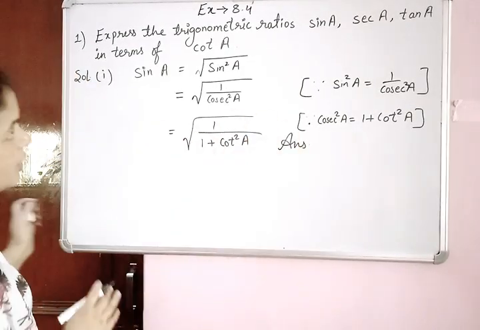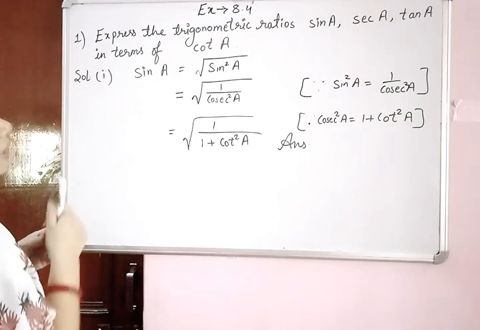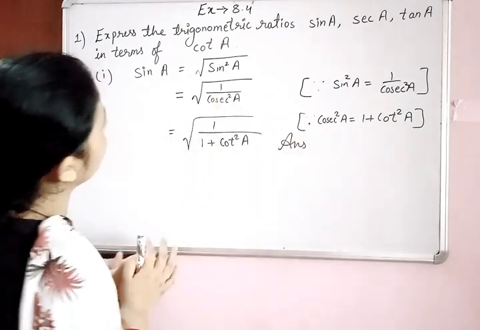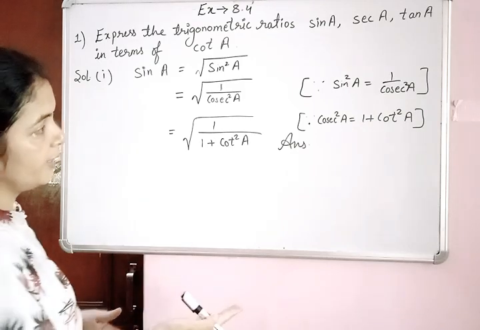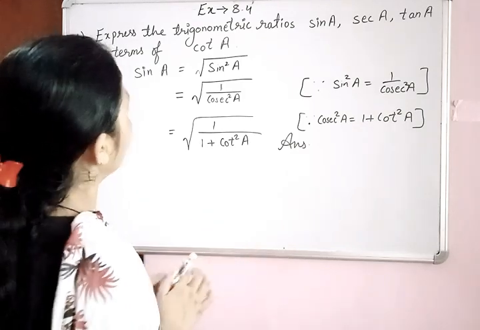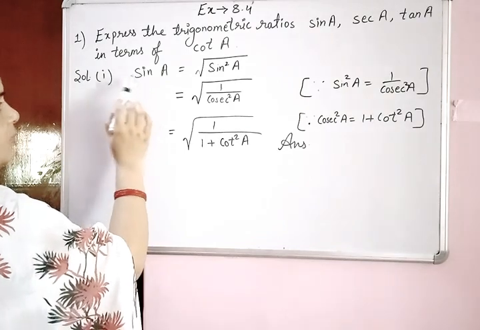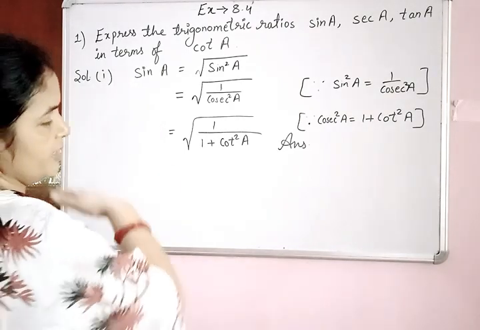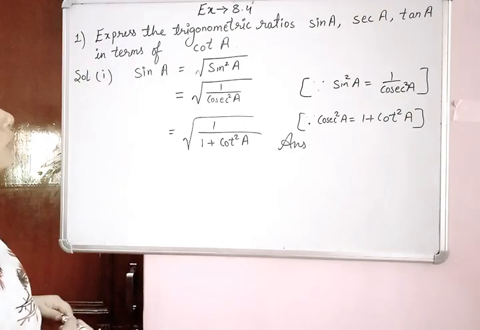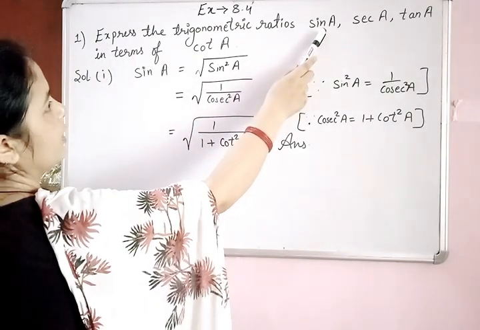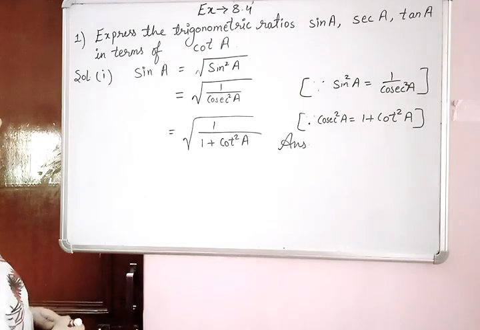Clear? To express any trigonometric ratio in terms of a given trigonometric ratio, we have to use reciprocal identity or trigonometric identities such that the given trigonometric ratios can be expressed as the other trigonometric ratios. So, here the problem is that I have to convert sin A in terms of cot. So, how can I convert?